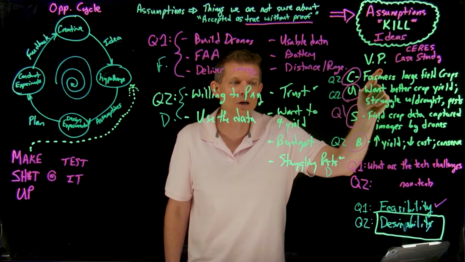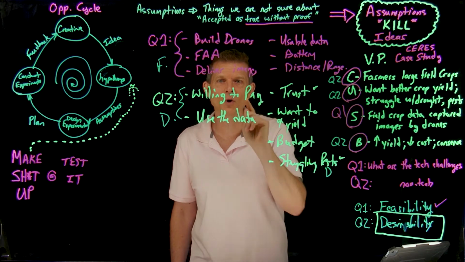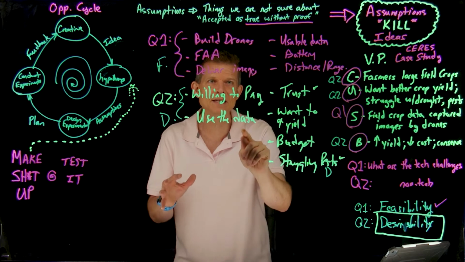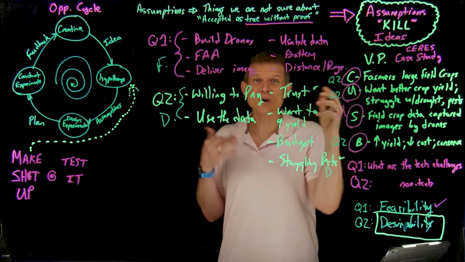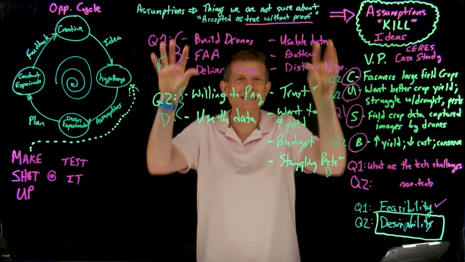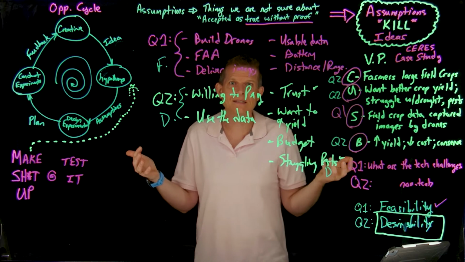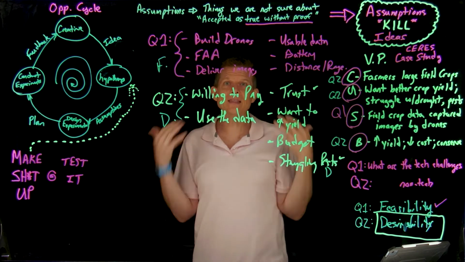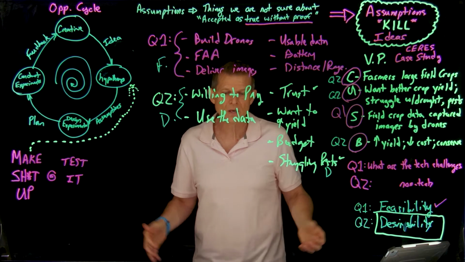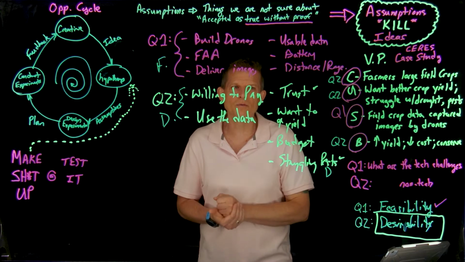Does the farmer desire this? Can they pay for it? Can they use the data to make decisions? Will they trust us? It doesn't matter if our solution is the greatest thing ever if they don't trust us. They're not buying it. If they don't buy it, we don't have a business. We don't make any revenue. So I want to reinforce this point over and over and over again.